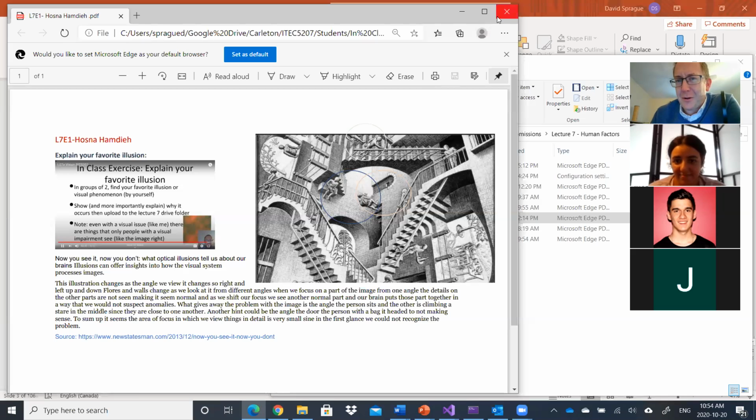Did anyone, no one gave me anything with a visual? I found it interesting that there are optical illusions that only work for people that have, let's say, red-green color blindness. In the class exercise, it's a red-green colorblind test, but the opposite. Normally with a red-green colorblind test, you ask people what number they see.